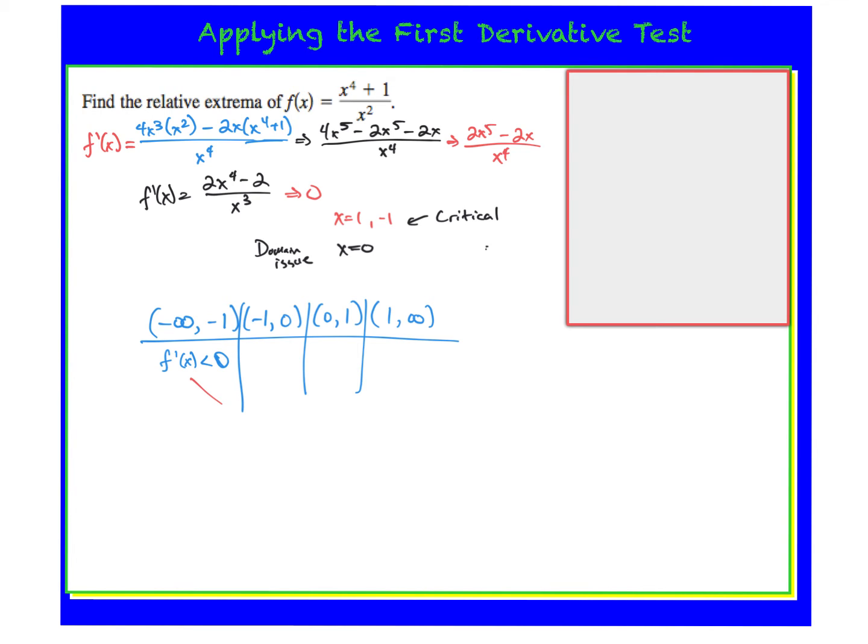And then from negative 1 to 0, let's choose something like negative 1/2 sounds great. Now, if I multiply a fraction by itself, so that's in between 0 and 1, is that number going to be bigger or smaller than what it started with? Smaller. Okay?